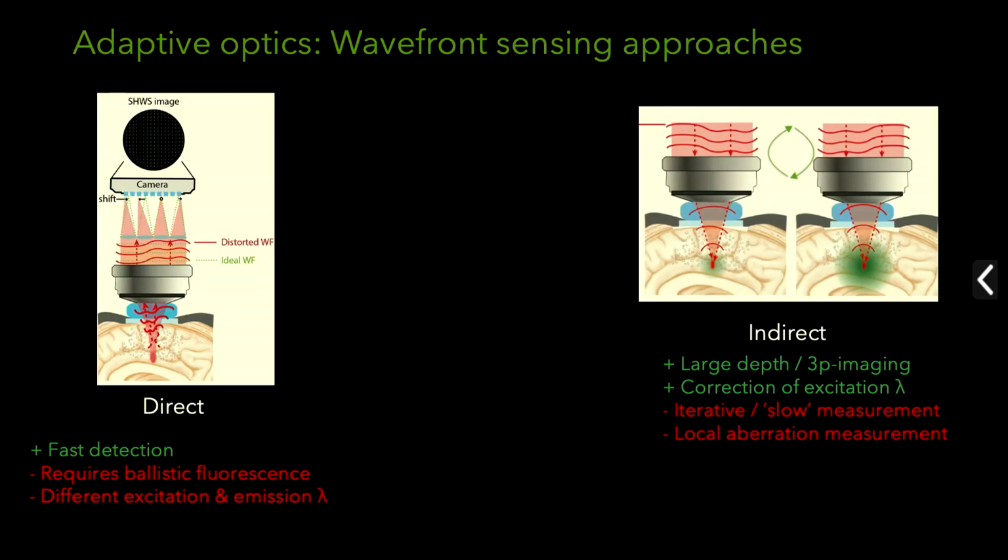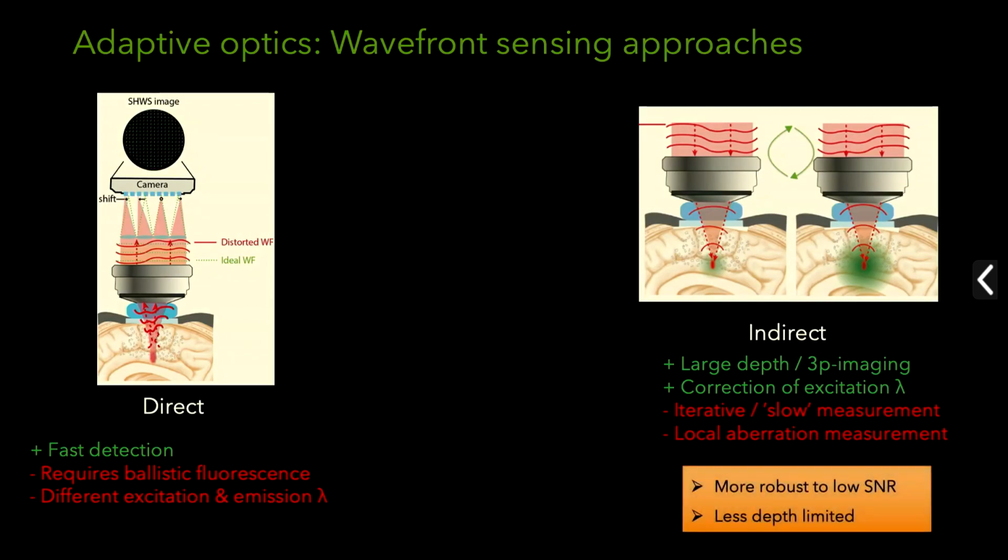This has the advantage, of course, that it's independent of the wavelength, because normally in direct wavefront sensing methods, you sense the aberrations at the visible fluorescence light, but then you need to apply the correction in the infrared excitation light. But also more importantly, we found that the indirect methods are more robust to low signal to noise ratio, which we typically find in deep imaging, and that therefore we are also less depth limited.